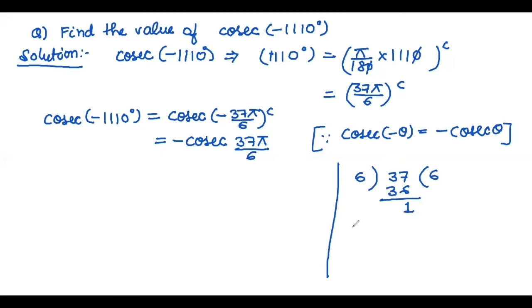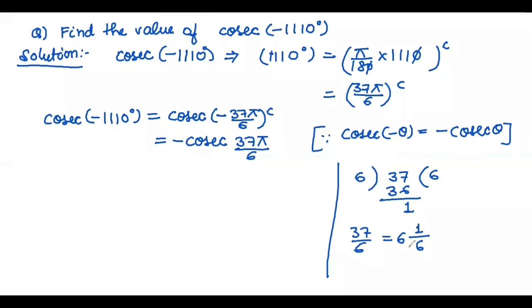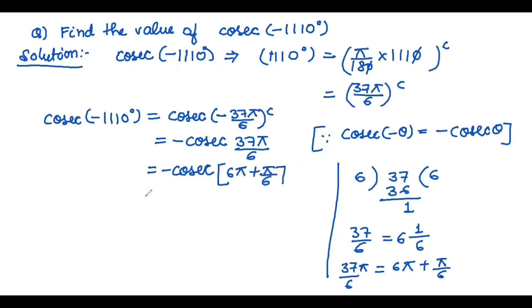So we can write 37 by 6 as 6 whole 1 by 6. So when we include pi, 37 pi by 6 equals 6 pi plus pi by 6. So it is minus cosec of 6 pi plus pi by 6.